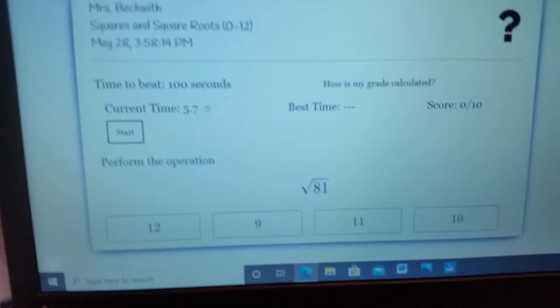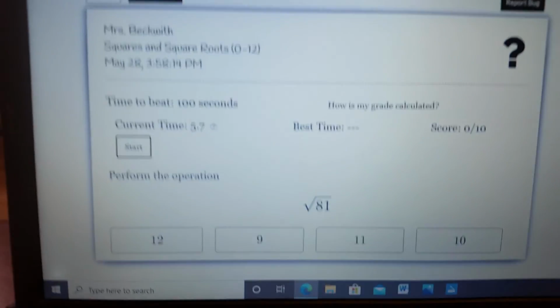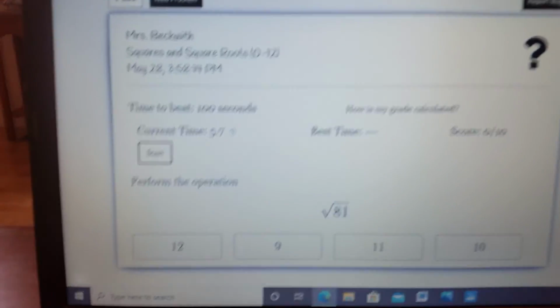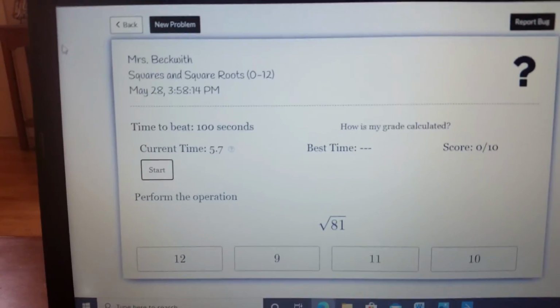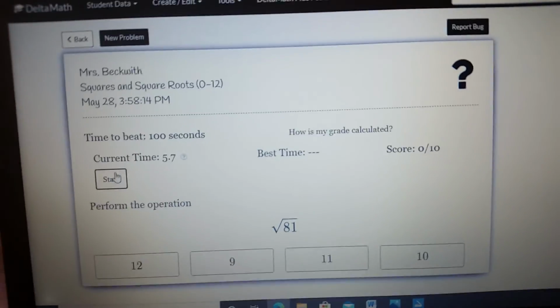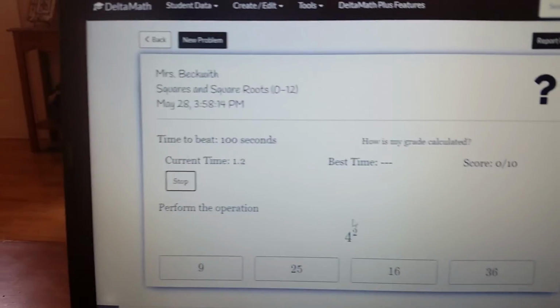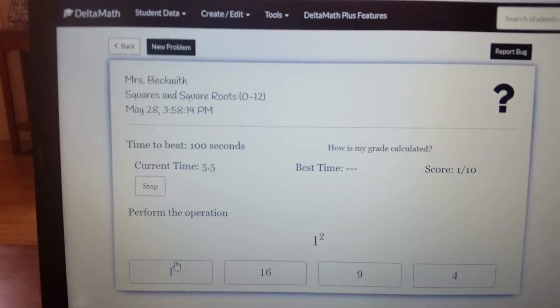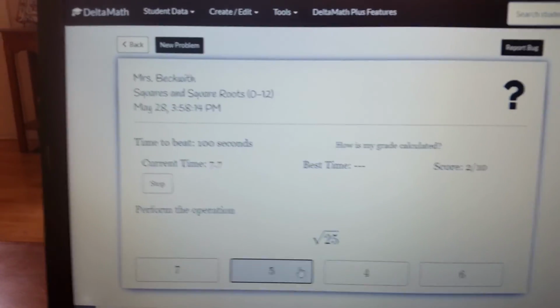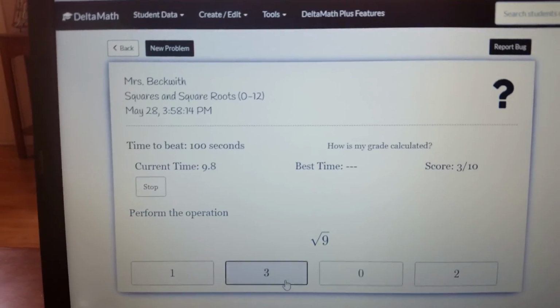So this is asking for the square root of 81. And this is another one of those timed exercises. So I'm going to hit over here. I'm going to hit start. And what do I have there? 4 squared. Okay, that's 16. Got it. 1 squared is 1. Got it. Square root of 25, 5. Square root of 9, 3.